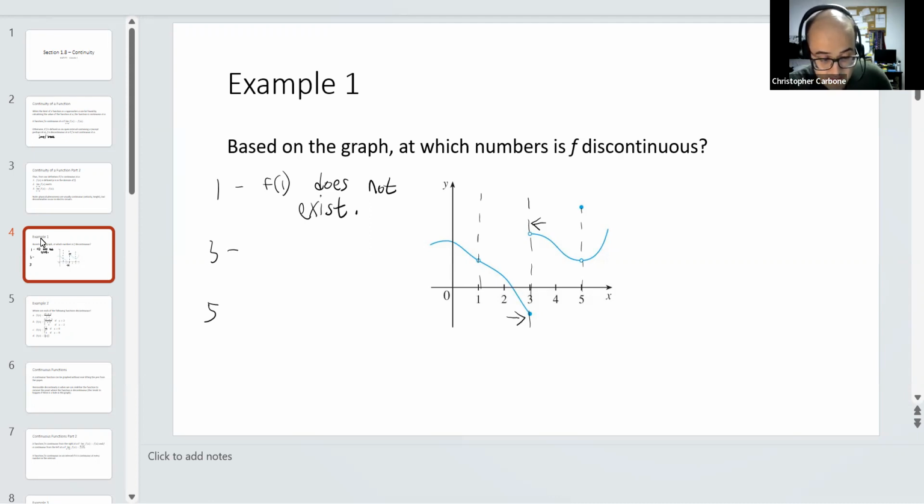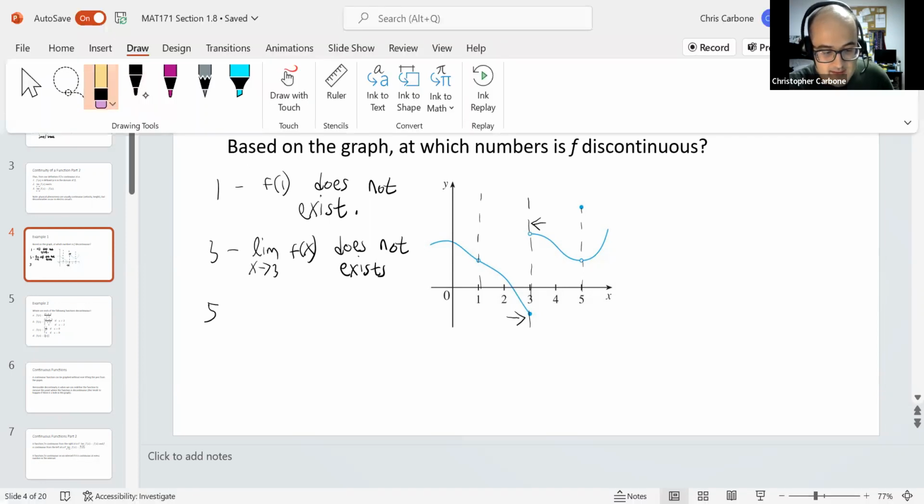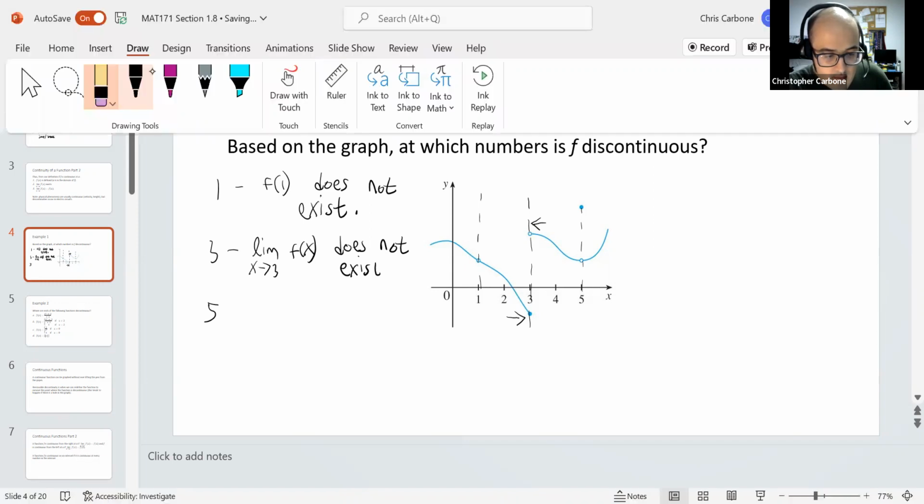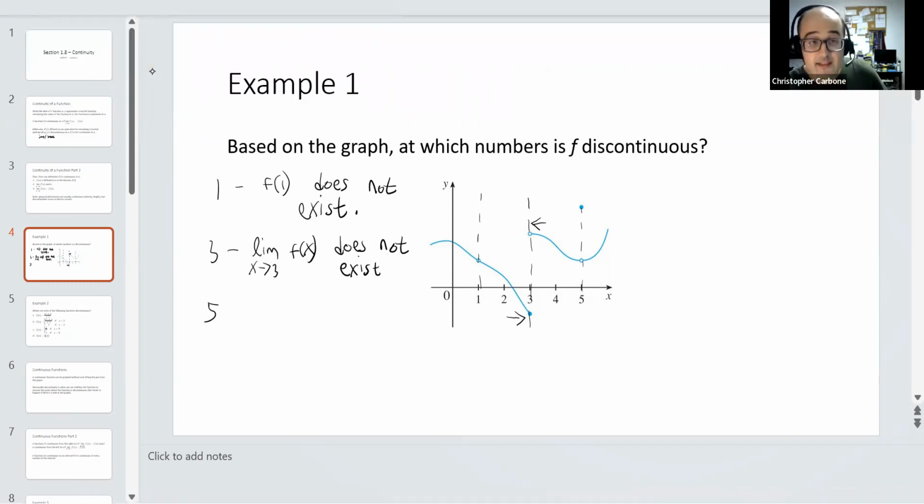So at 3, the limit as x approaches 3 of our function does not exist, because the left and right limits are not the same. And I just spelled the word exist wrong. Okay, it does not exist.